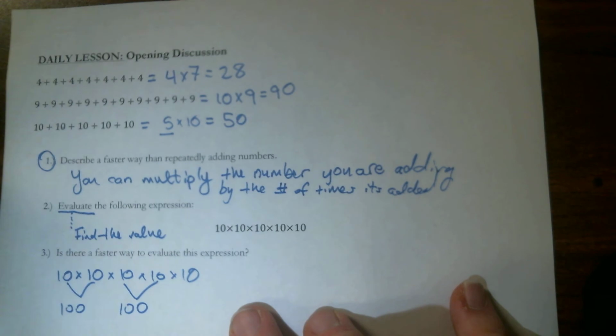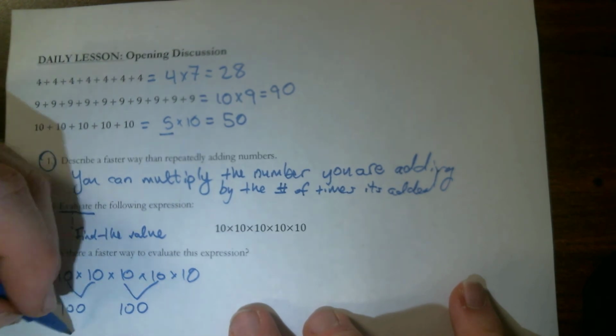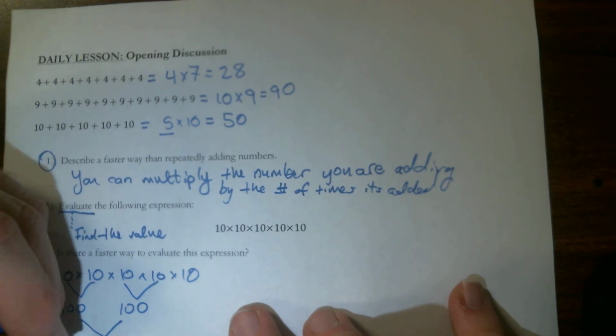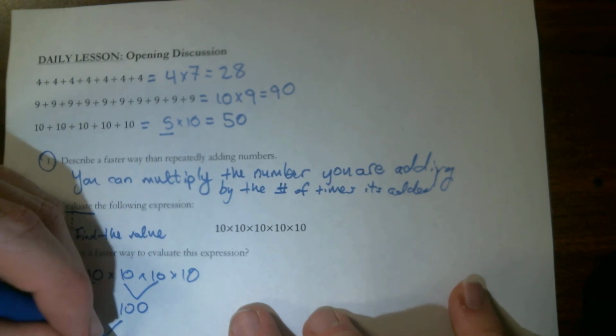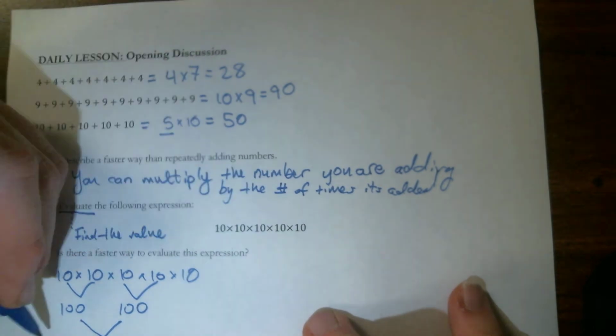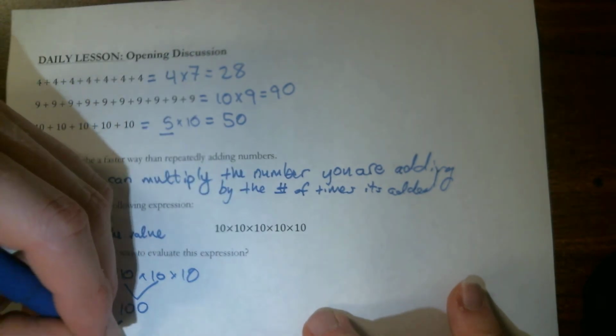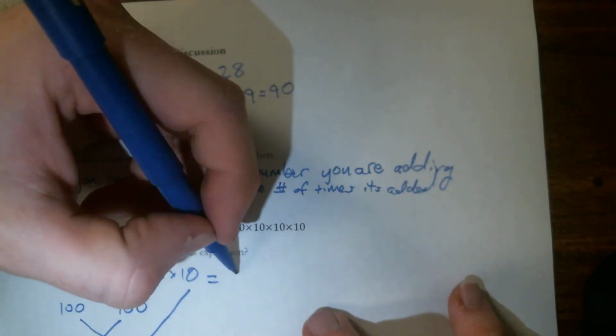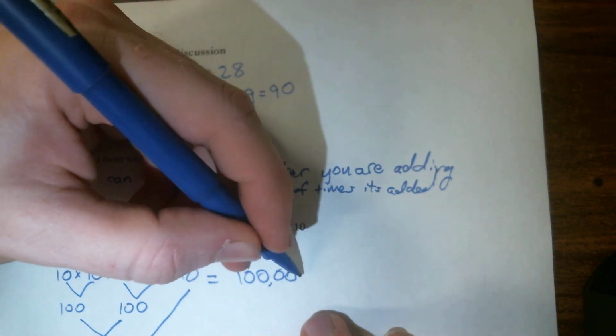And then 100 times 100, that's 10 to the power of 2 and 10 to the power of 2. So I have a total of 4 zeros I need to think about, or 4 powers of 10. So it would be 1 followed by 4 zeros. That's 10,000. But we still have this fifth one left over. So I'm going to multiply this by 10, and that just adds another 0 on. So this whole thing equals 100,000.